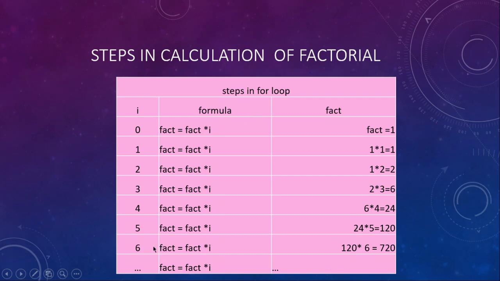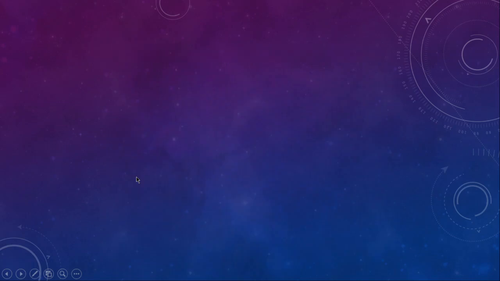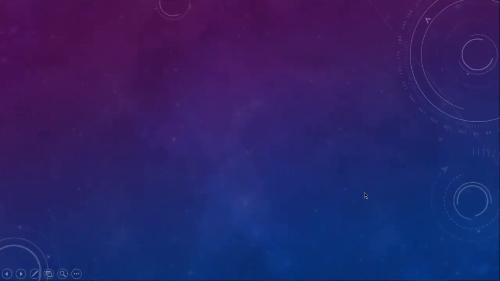And finally for 6 factorial, fact is 120 and i is equal to 6, so the factorial of 6 is 720, which is 120 into 6. This is the way the for loop executes for the range from 1 to num plus 1, that is, range(1, num+1). Okay, so this is how the factorial is calculated and executed in Python.